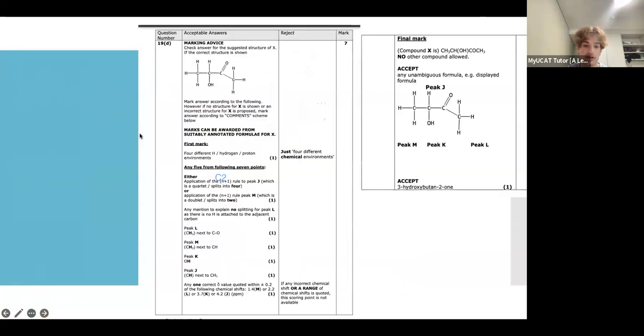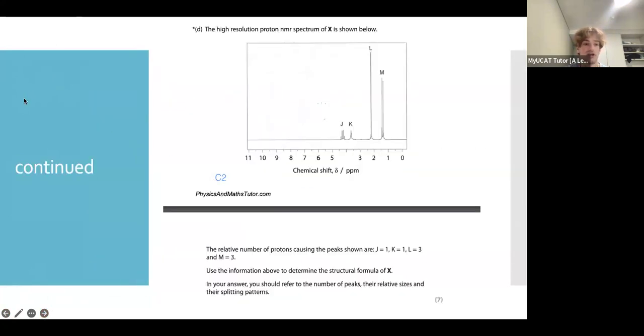Sorry, I'm having a bit of a tech thing over here. C4H8O2, that's your molecular formula, and that's something you would have worked out if you did the previous question. And then you also have an alcohol group and a ketone group. So that's what we've worked out using the previous questions.